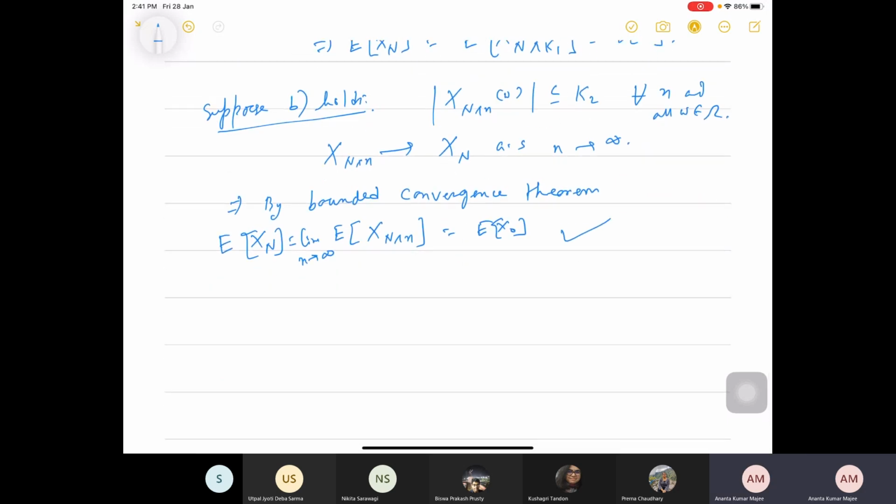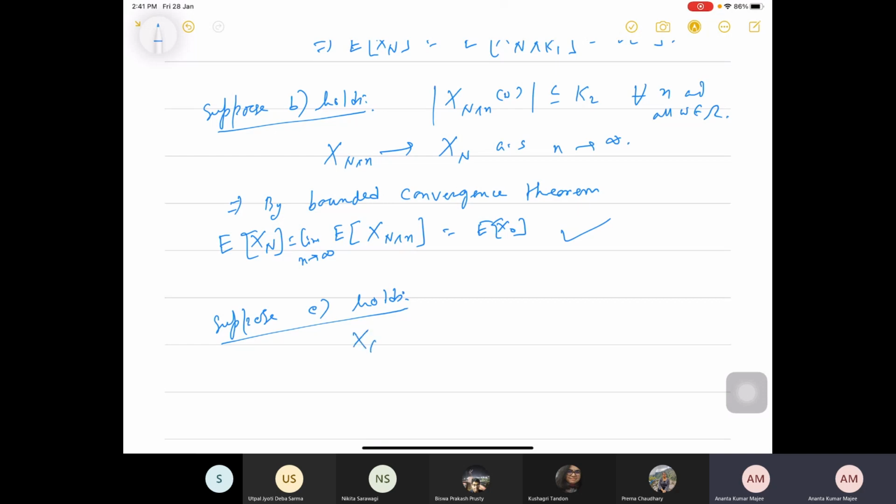So now suppose C holds. In that case, what is that? They said that the consecutive difference of X_n, meaning X_n minus X_{n-1}, has modulus less than or equal to k3.